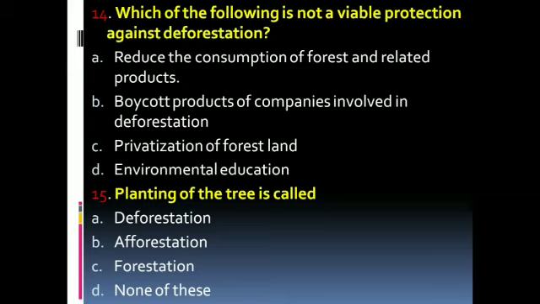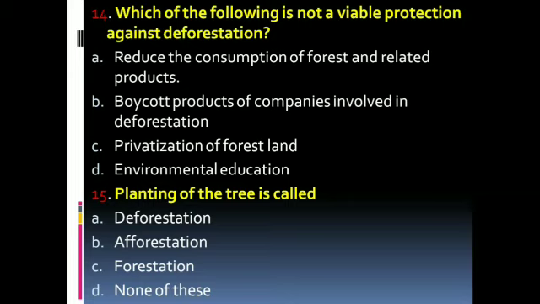Which of the following is not a viable protection against deforestation? The options are: reduce the consumption of forest and related products, boycott products of companies involved in deforestation, privatization of the forest land, environmental education. So here if you look at the options, C will be the right option, because privatization of the forest land is not going to help the protection of forest.